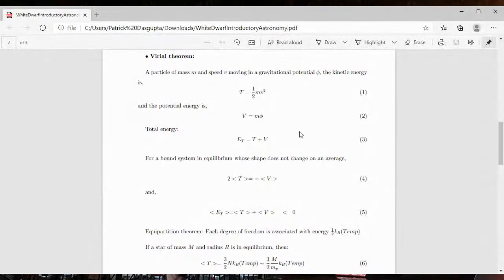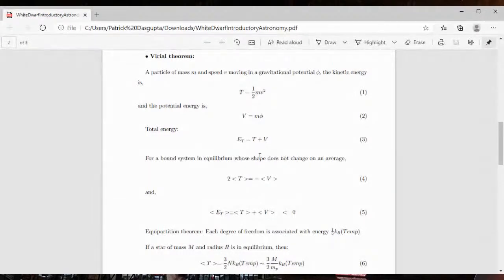So in order that a system remains bound, that means over time they don't become infinitely large in size, the total energy has to be negative. So a bound system means total energy is negative, and it is in equilibrium so that its shape is not changing appreciably.